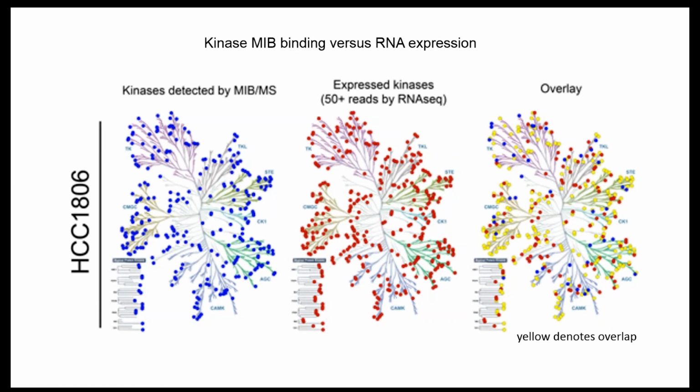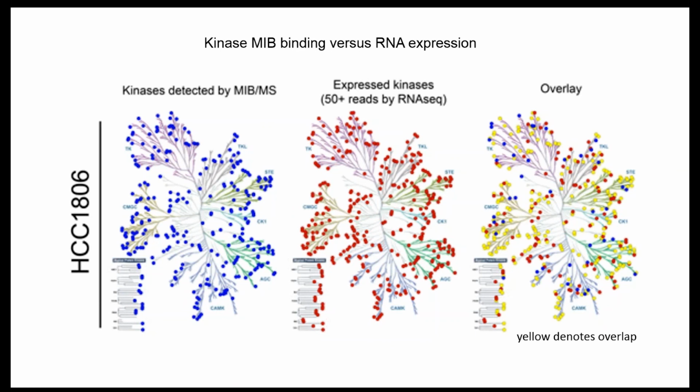And if you look at the expressed kinases, 50 reads or greater by RNA-seq, the expression of the kinome. And then the overlay on the right, the yellow denotes overlap. And you can see that there are kinases that we see by MIB-MS that we don't see at a 50 read cutoff by RNA-seq. And there are kinases that we see by RNA-seq that we don't capture by MIB-MS.